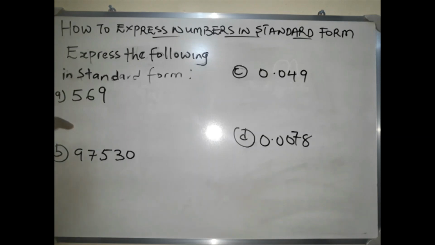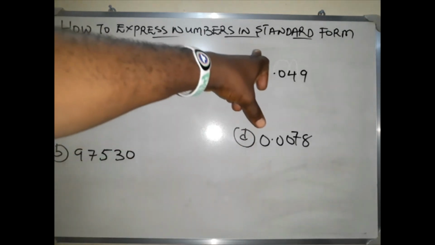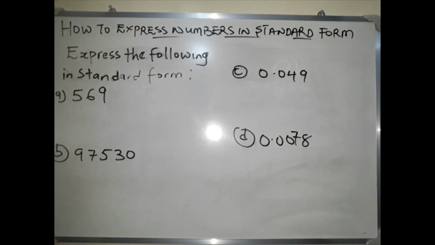Okay, now we want to look at some examples on how to express numbers in standard form. And you can see we have about 4 examples. These first 2 examples are whole numbers, while these second 2 examples are numbers which are decimal fractions. So we're going to look at how to express the following numbers in standard form: whole numbers and also decimal numbers.